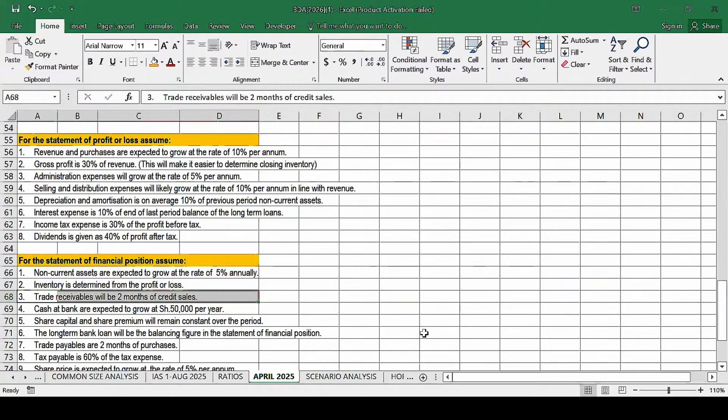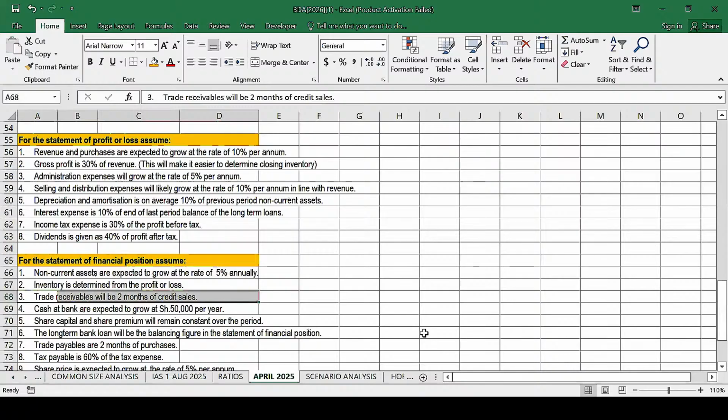Any idea? Yes, any try, please, try to give me the meaning of this. Yes, any idea? Can you be thinking of that as we go through the other assumptions?